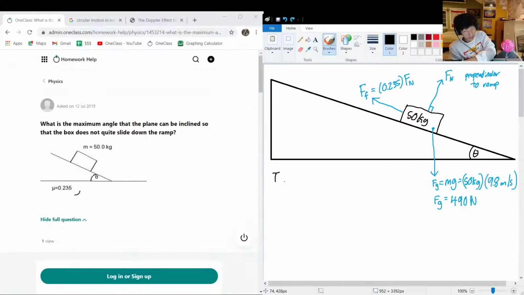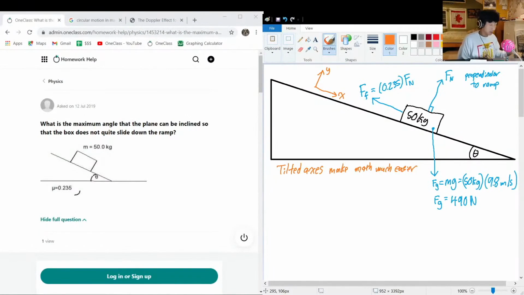Make that a different color so we can kind of have some connection on that. So tilted axes make math much easier. What I mean by tilted is you want to have them like this, so that they're pretty much in line with the ramp itself. Okay, now imagine this.